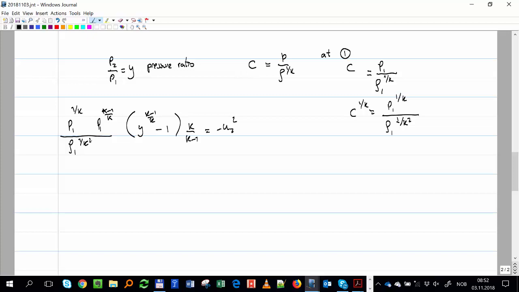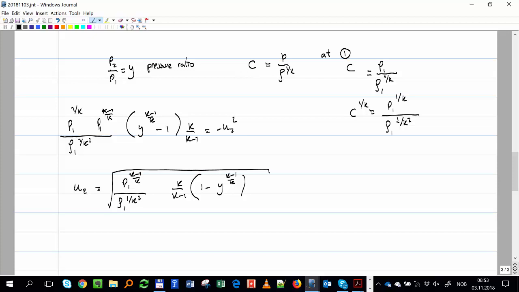Okay, and I end up with U2 will be, just like in the other case, the square root of, U, which is negative, so 1 minus y, k minus 1 over k, k over k minus 1, p1 k minus 1 over k, density 1, 1 over k squared.